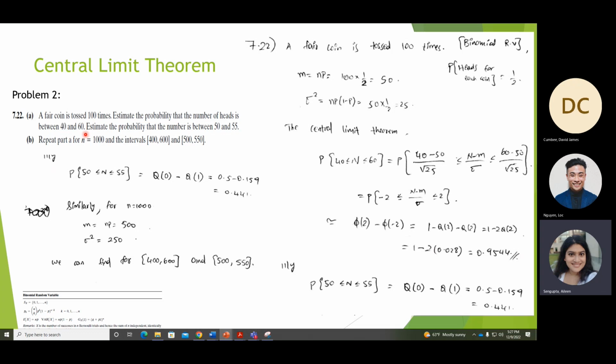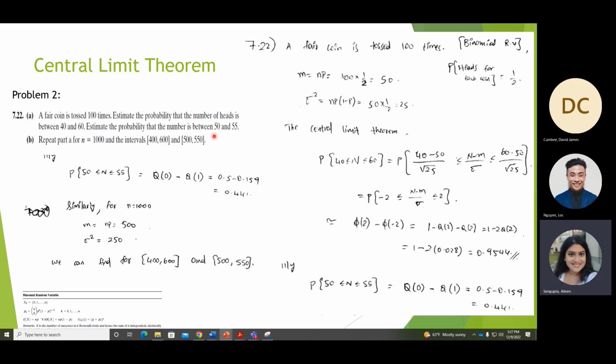Estimate the probability that this is between 50 and 55. I think the exact limits were given to you in the midterm as well. These exact limits may be very familiar to you. But then you might ask me, how do I even go about doing this problem? Because I know that this is a binomial distribution.